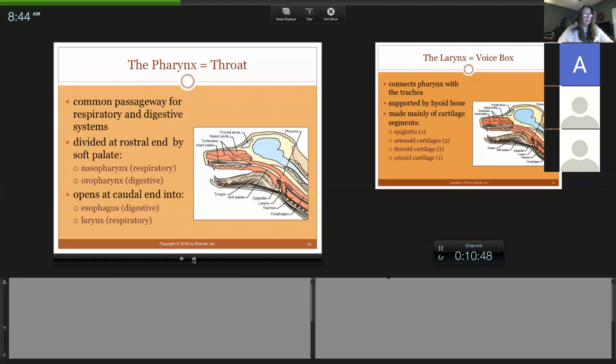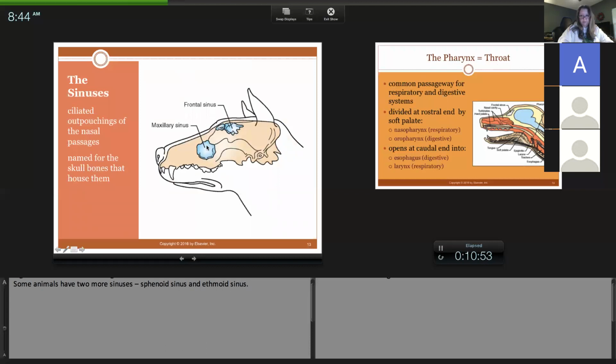Showing the maxillary sinus. So not the frontal sinus, this sinus here. The roots communicate with it. When I say they communicate, they're not completely up there, but there's a little tip of the root of that tooth that pokes into that sinus.